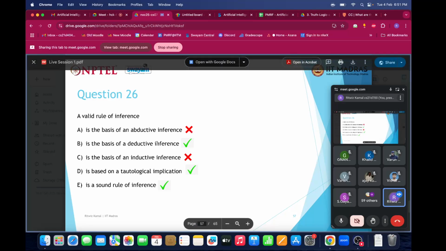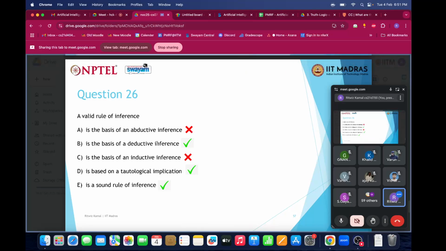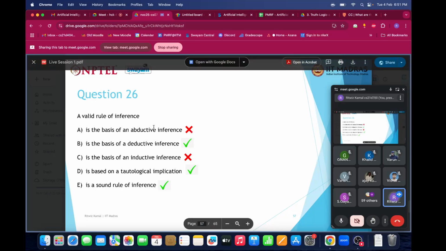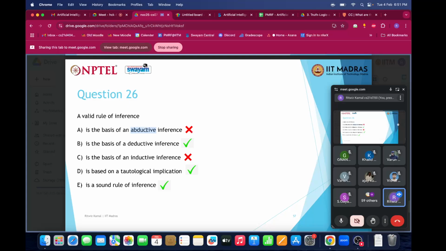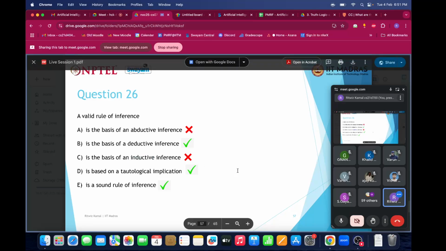So a valid rule of inference is option B, D, and E. A and C are not applicable because abduction involves us making hypotheses that may or may not be true, and inductive inference has us making generalizations that are mostly true but not always true. There are always exceptions.